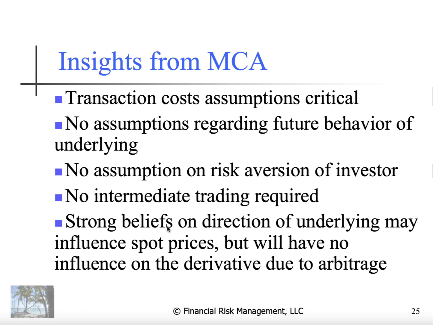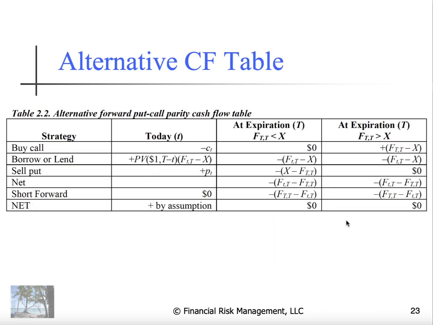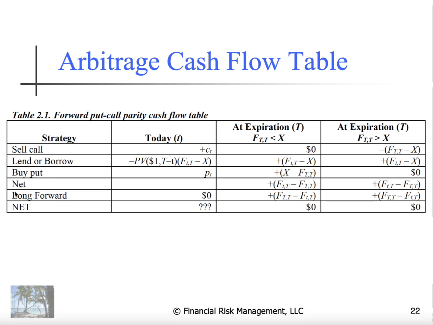If somebody has strong beliefs on direction of the underlying, that may influence the spot price, but will have no influence on the derivative due to arbitrage. And so if everybody thinks a particular piece of this transaction, for example, the forward price, is too low, they would bid up the forward price.